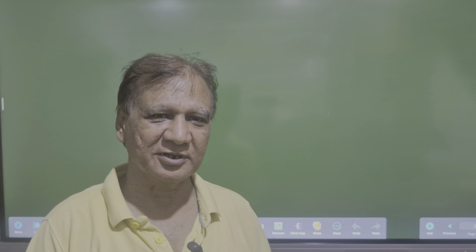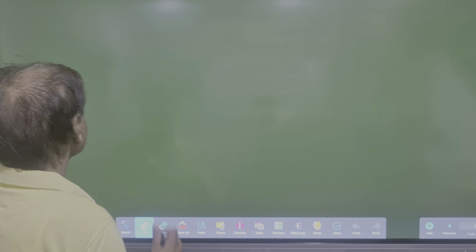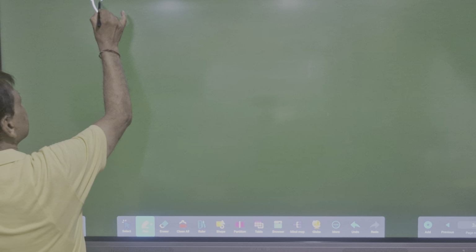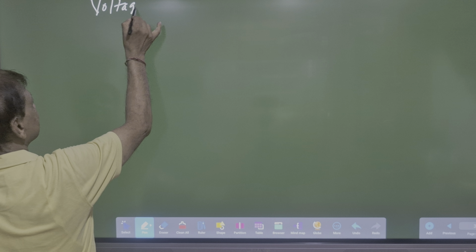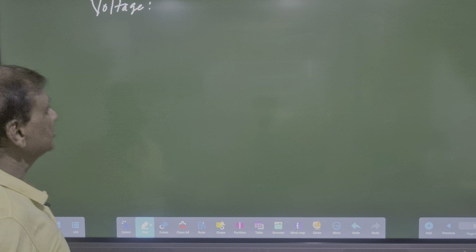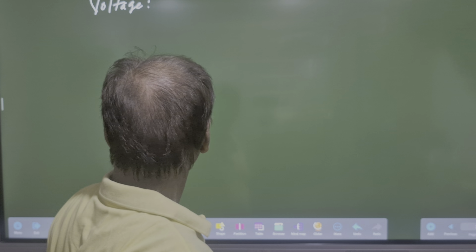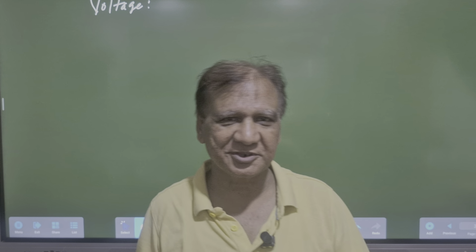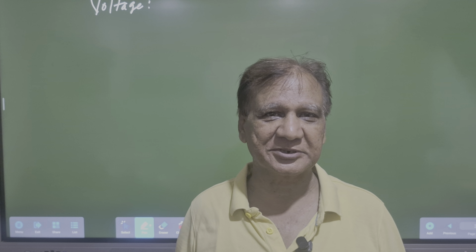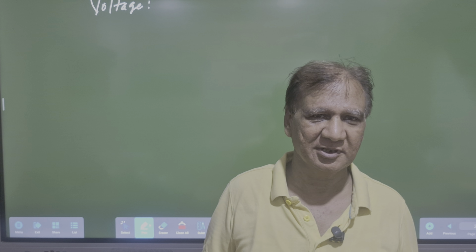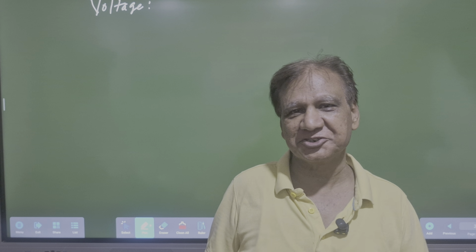Now we go for another term which is voltage. See, without voltage there can't be any current. Theoretically voltage is something, but practically voltage difference is important, or we can say potential difference.